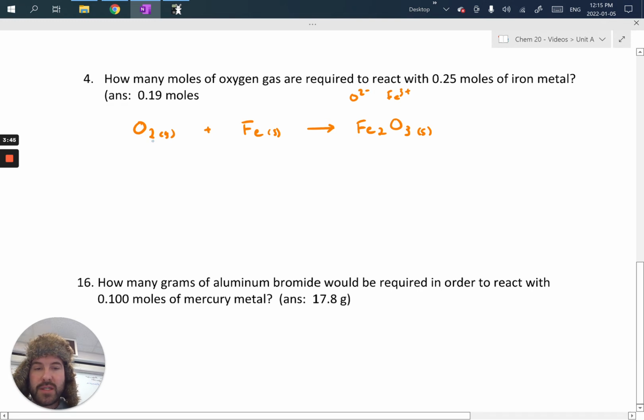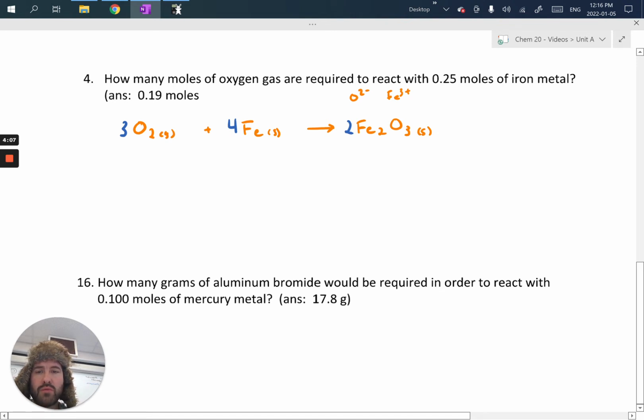So when I see that 2 and I see this 3 over here, I know I need to get to a common multiple, which is 6. So I'm going to put a 2 here. I'm going to put a 3 over here. That gets me to 6 oxygens on either side. And now I can balance out my irons. I have 2 groups of 2 iron atoms here. So that's going to make a 4. So now I'm balanced.